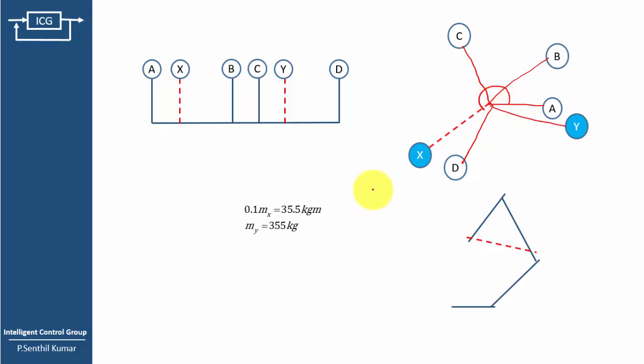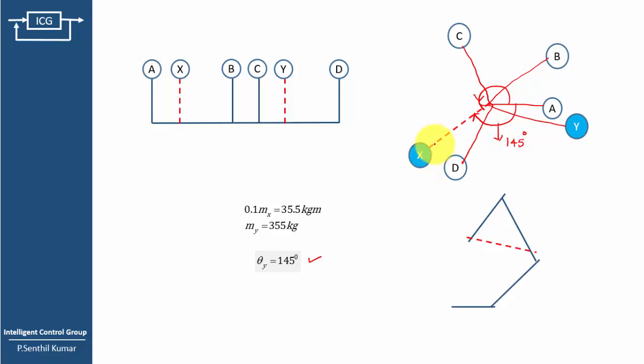When you measure this distance, you will get 145 degree. We have to measure the distance not along this direction, but along this direction. When you measure along this direction, it will be 145 degree. That's why theta y equal to 145 degree.